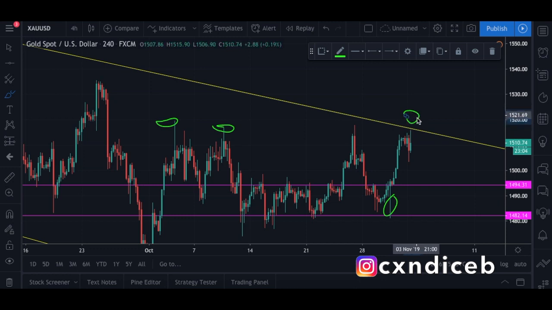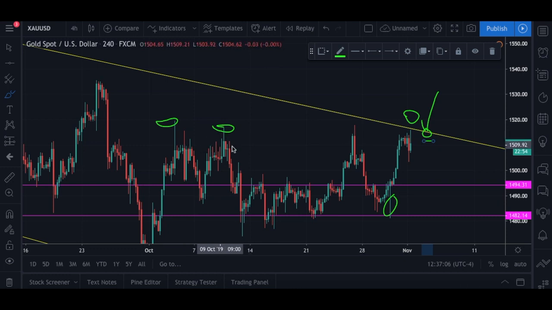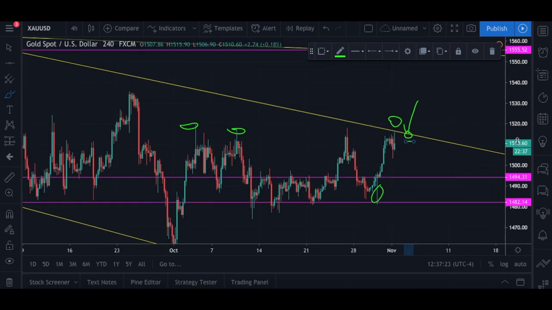I need a retest of this channel, and then I would be entering in here, with a stop loss around these areas where there was rejection, because at that point it's broken through that bearish trend. It retests the resistance as support now, and then it's going to continue up. So you want to definitely look out for those types of structures.